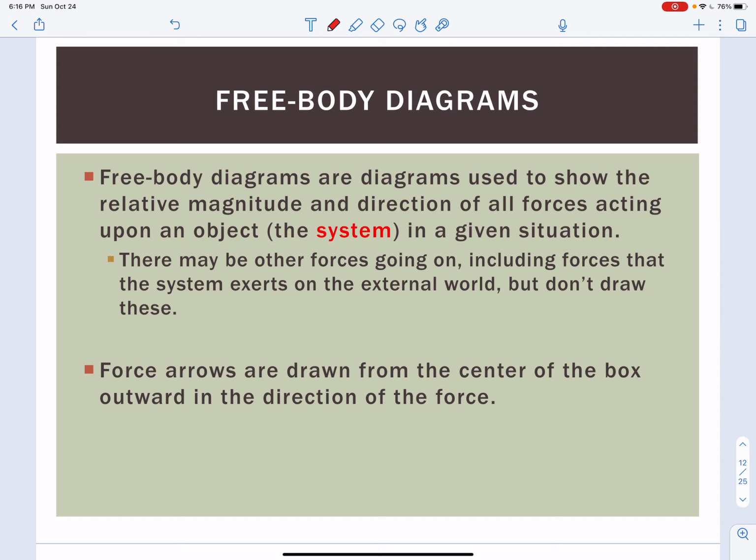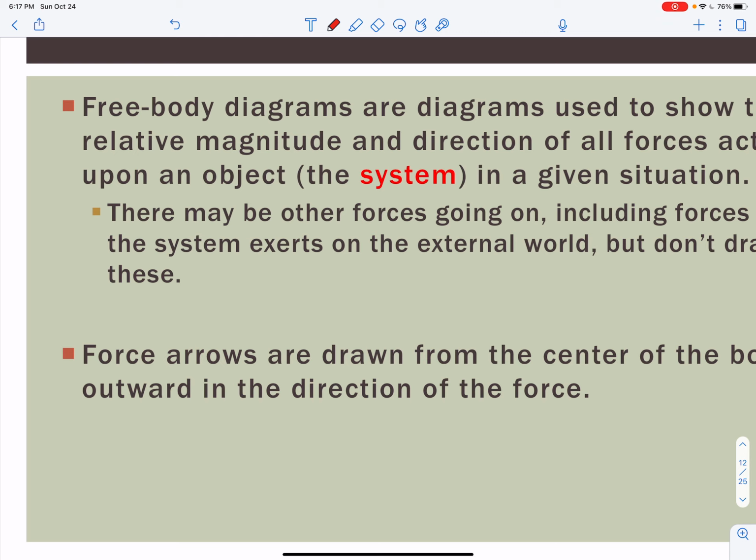Now, when we go to write these forces in a way that is useful for us pictorially, we draw what we call free body diagrams. And we do this with arrows. You're either going to draw a box for the body that is being acted upon by the forces, the object, or you're going to draw just a big dot.